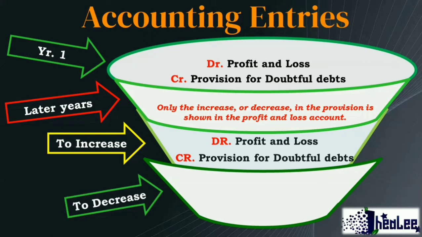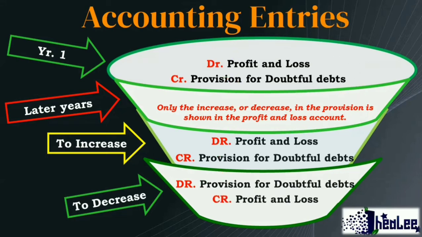So to decrease, you debit your provision for doubtful debts account and you credit your profit and loss account. Once you debit your profit and loss account, that is an expense. And once you credit the profit and loss account, that is a revenue. So the first year, if there's an increase, that's an expense. But if there is a reduction, the provision for doubtful debts is a revenue to the business.